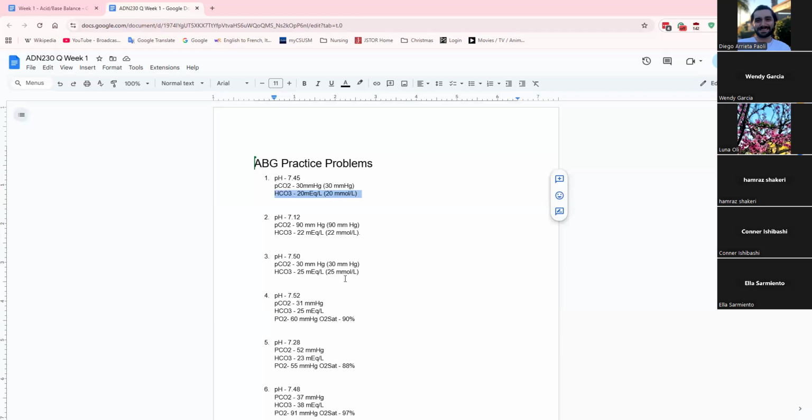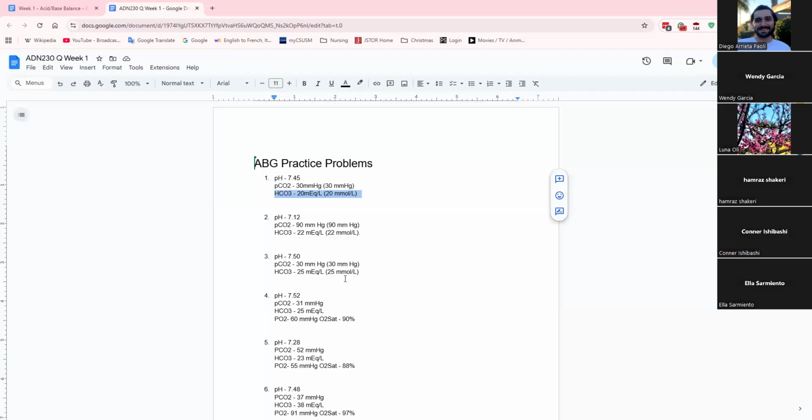Whatever is closer to 7.35 is considered acidic, and anything closer to 7.45 is considered basic. So in this case, the 7.45 is a lot closer to being abnormally basic than anything else. So we're going to consider it as basic for the terms of matching.